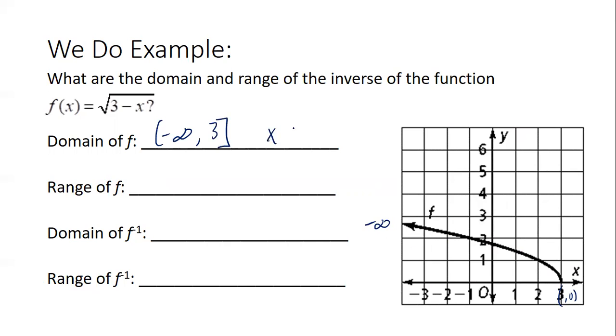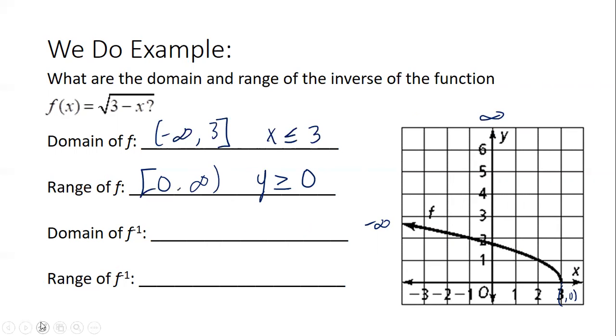So my domain is x is less than or equal to 3. My range from bottom to top, what is the function doing? What is my lowest y value? 0. So I start at 0, but my y's continue to grow and head towards infinity. So my range is y is greater than or equal to 0.